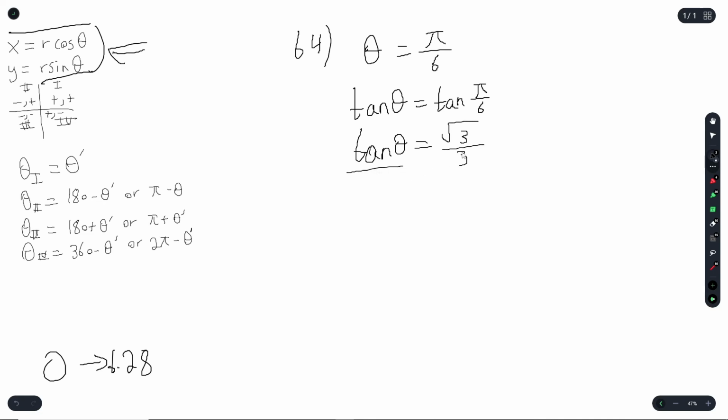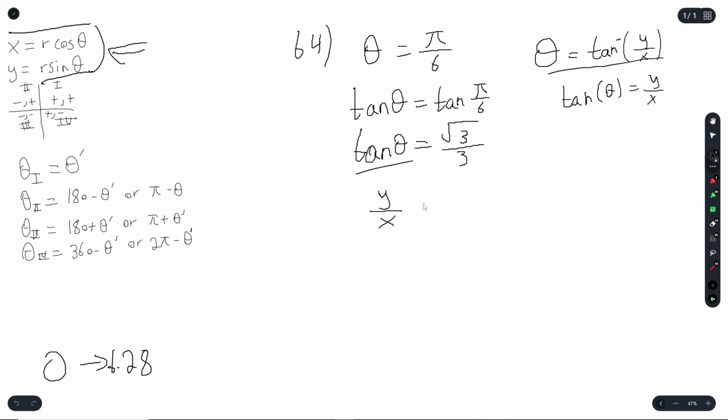And tan theta equals y over x, because when we're converting from polar to rectangular, we do theta is equal to tan inverse of y over x. You can rewrite this as tan theta equal to y over x. So we just substitute tan theta for y over x. So y over x is equal to radical 3 over 3. And then depending on the answer choice, let's say it's y equal to radical 3 over 3 x. This will probably be the answer choice.